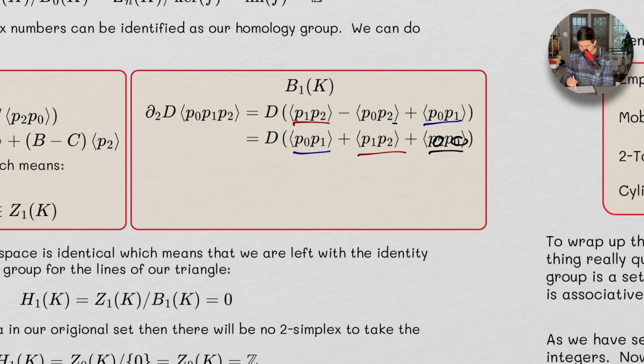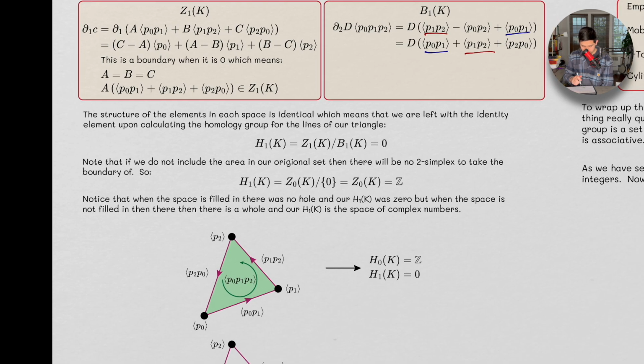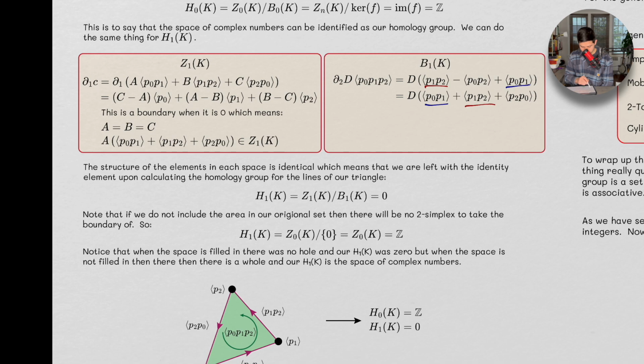When we do that swap, we have to change the sign because again these things have orientation to them, and so the structure of the elements in each space is identical, right? Because we have this object, no coefficients in front, and we just have this one coefficient in front here.